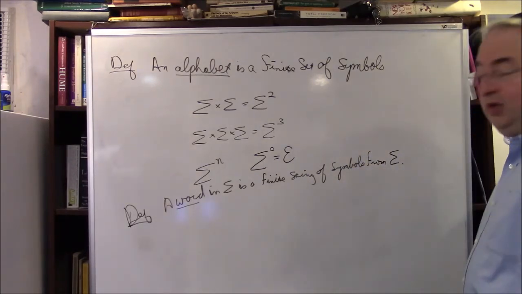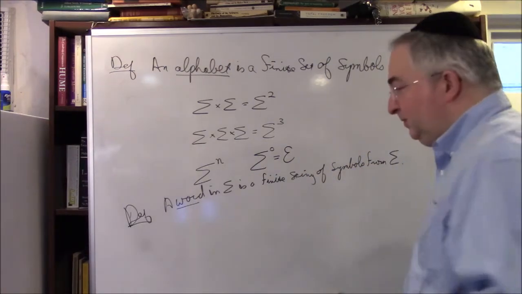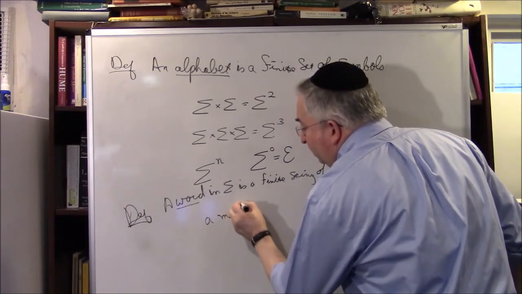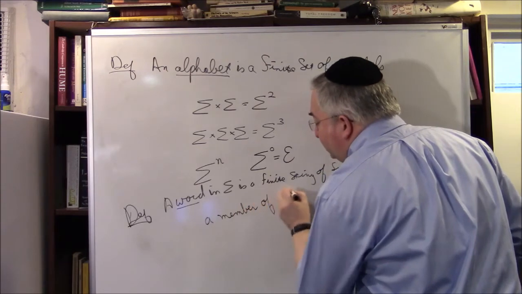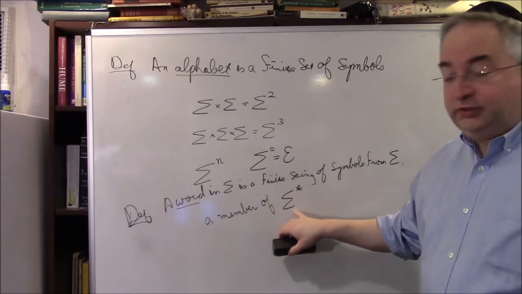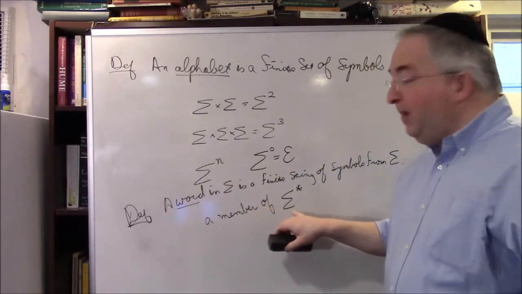A word is a finite string of symbols. Another way of saying it is a member of sigma star. That's the set of all words. So a word is a member of this.